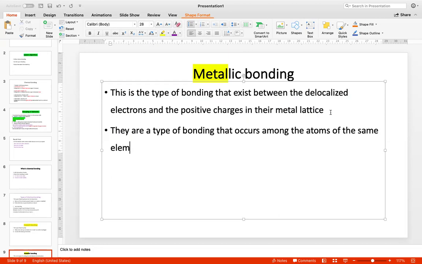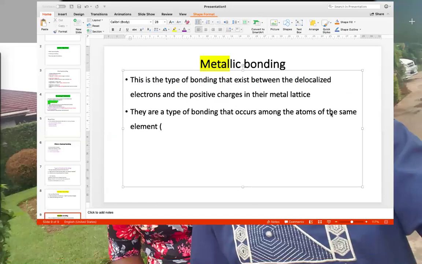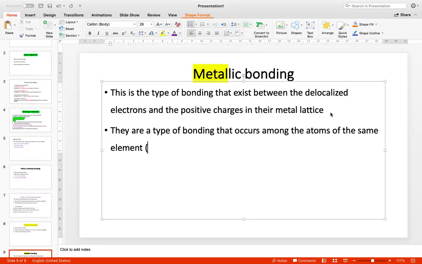Now here there's an exception. We cannot say those elements that are in group 2, calcium, and those that are in group 1, lithium, as those two atoms coming together to form a metallic bonding. No. We're talking about atoms of the same type, carbon, if it's a metal, iron, zinc, lithium, atoms of the same element that are having the force of attraction between the positively charged ions as well as delocalized electrons.